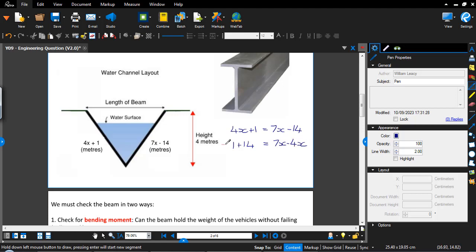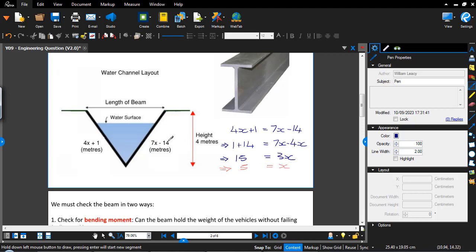I should be mathematically correct, so we should link the lines. That implies 15 equals 3x. So that implies that x equals 5.